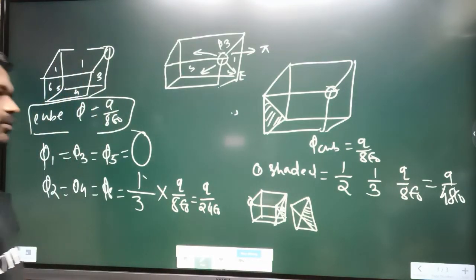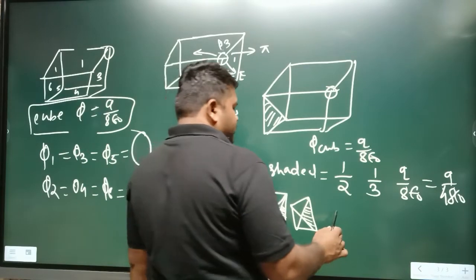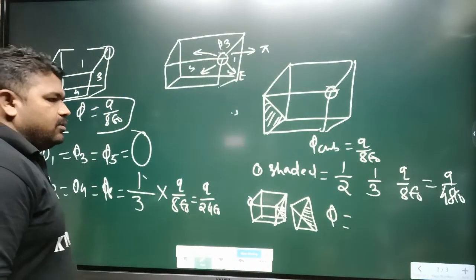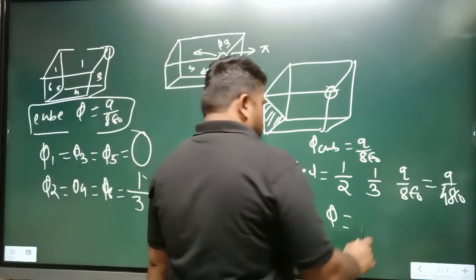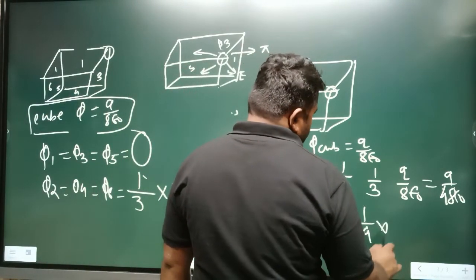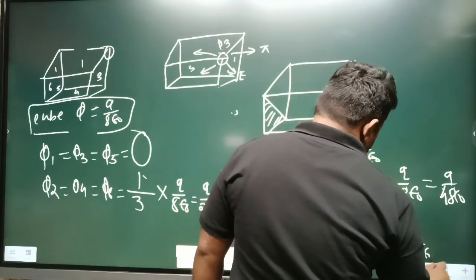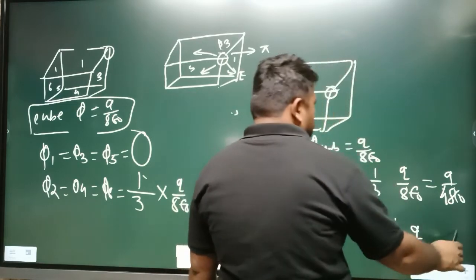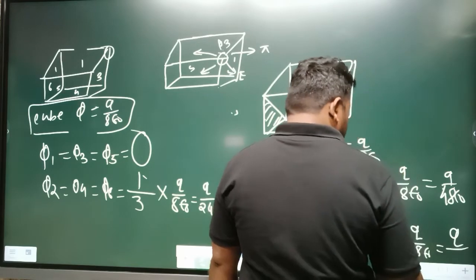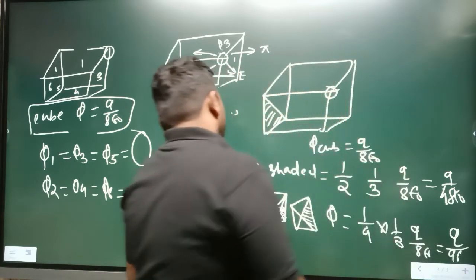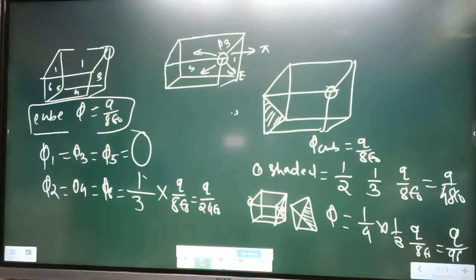So how much flux passes through this shaded region? 1 by 4 into 1 by 3 into Q upon 8 epsilon naught. This is equal to Q upon 96 epsilon naught. In this case, any doubt? No, sir.